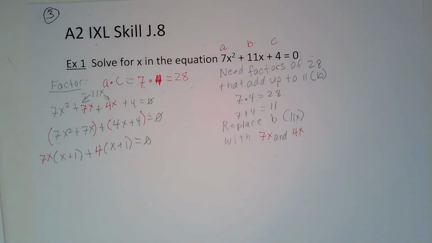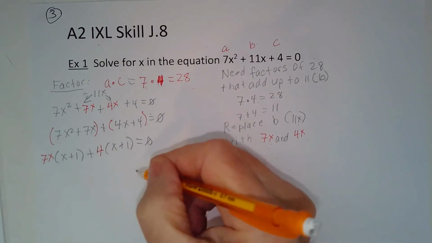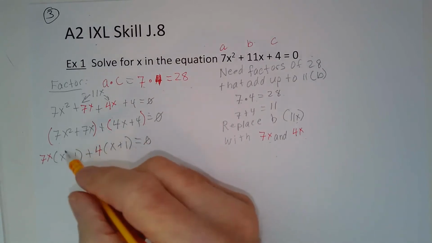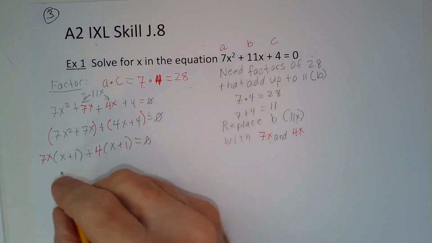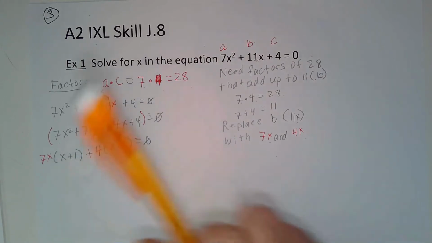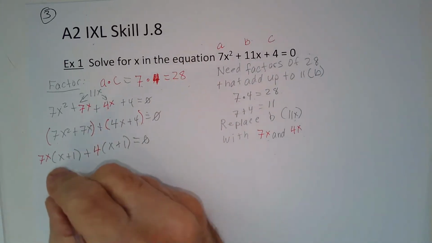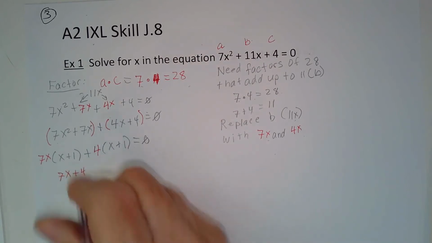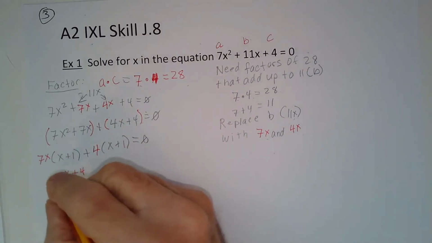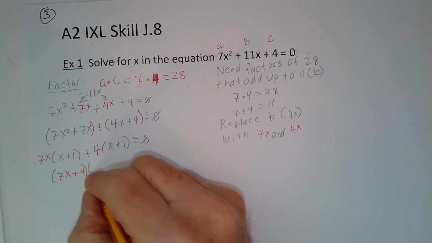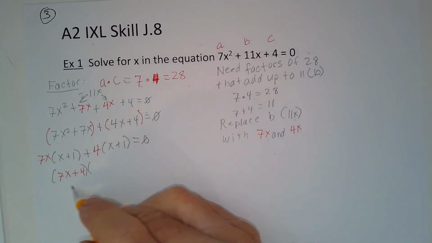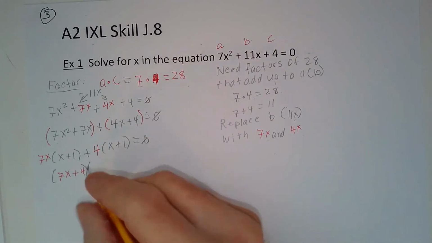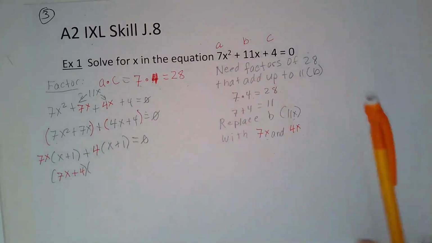So now that I've done that, I can rewrite this equation by taking the 7x and the 4, adding those together. And I'm going to multiply that binomial that I made times x plus 1, which of course is repeated here.